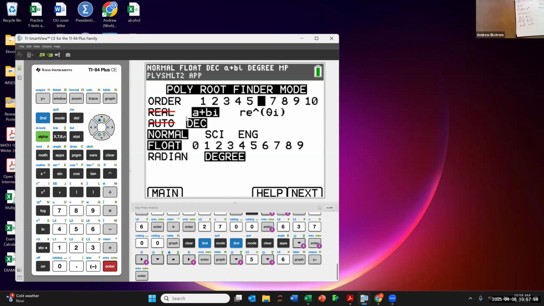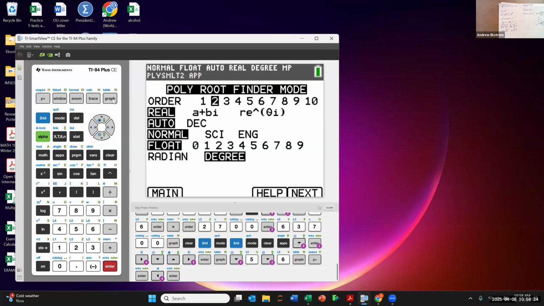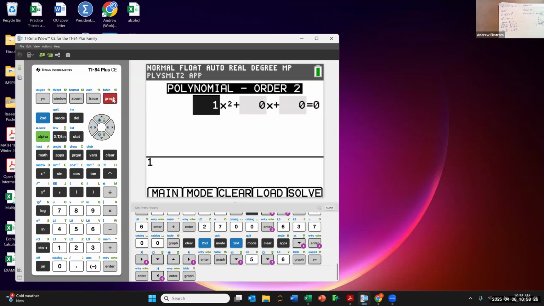So trying to solve the new equation that we have here, which is n squared plus 2n minus 99. We want order of 2, automatic, normal, float, degree. So I have to hit graph. And on this calculator, it now looks like this.